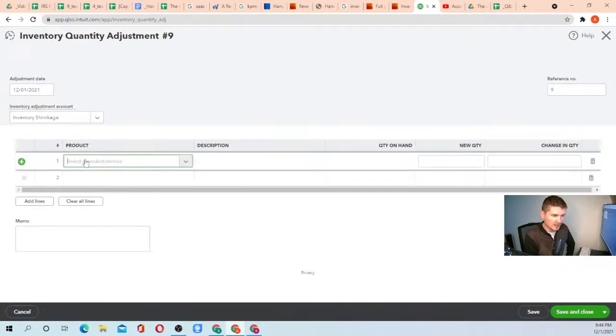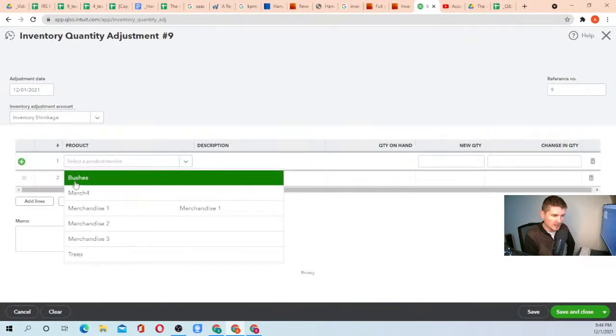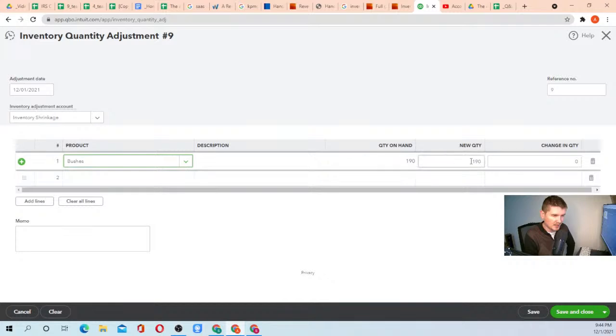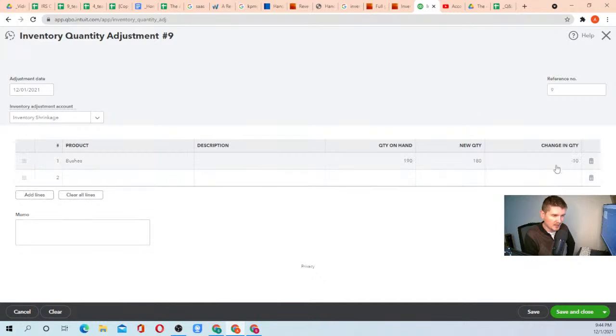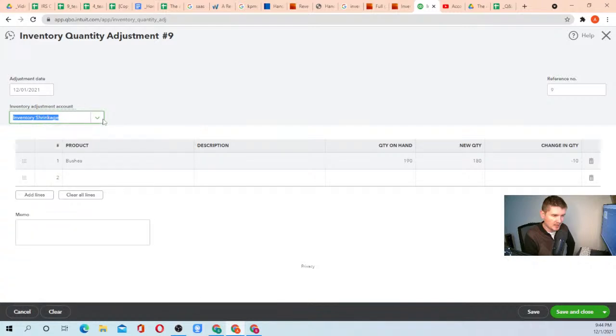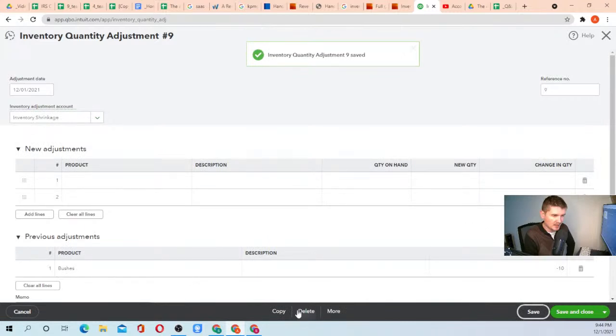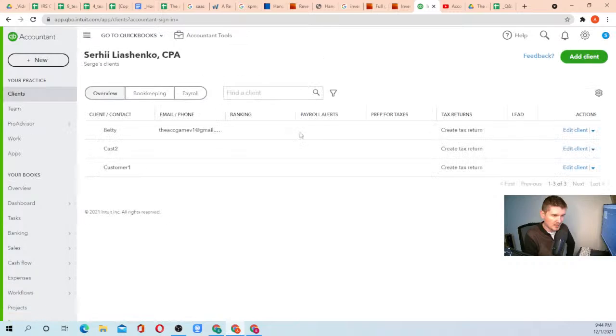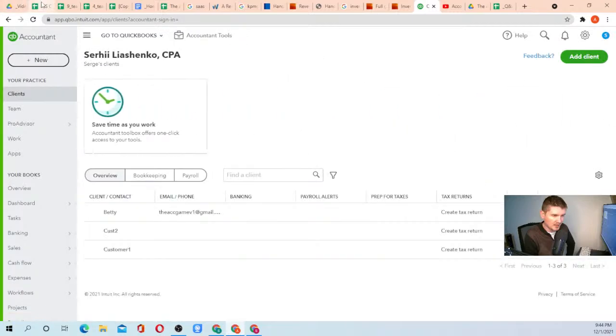When you record that, let's say we got bushes and we want to record another loss of 10, you can choose the account where you will book the inventory loss, and you just save it, and then you can delete it. So quantity adjustment is pretty easy.